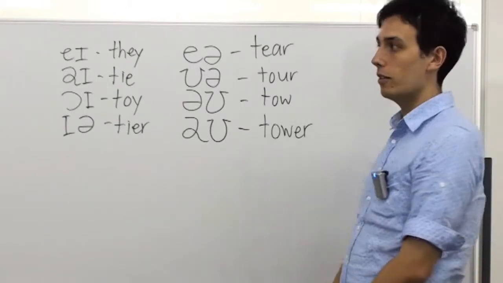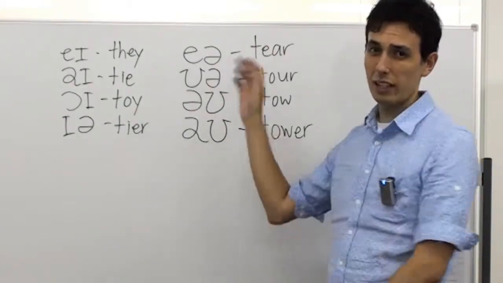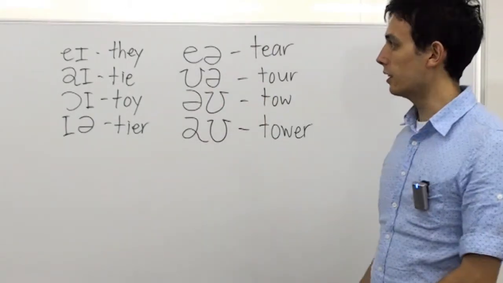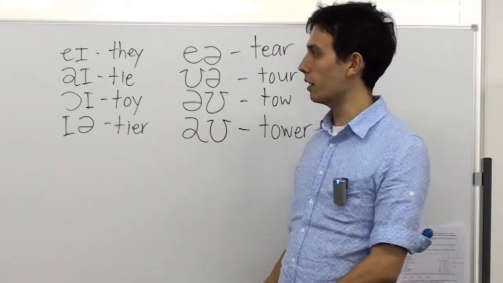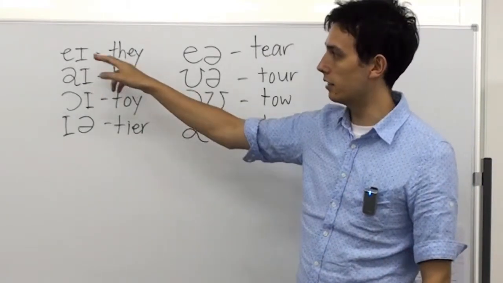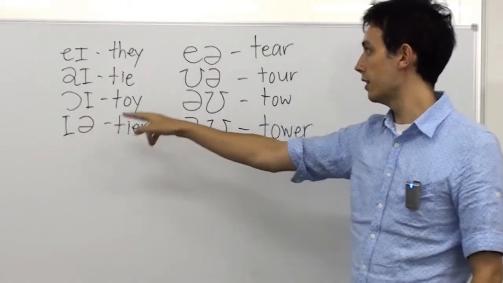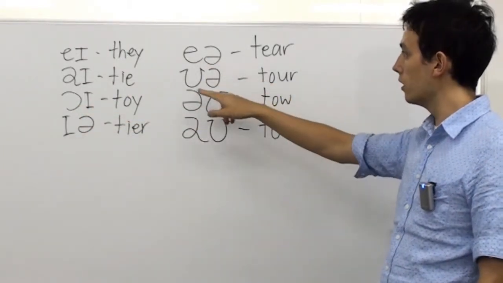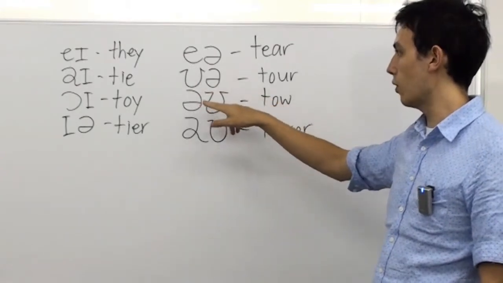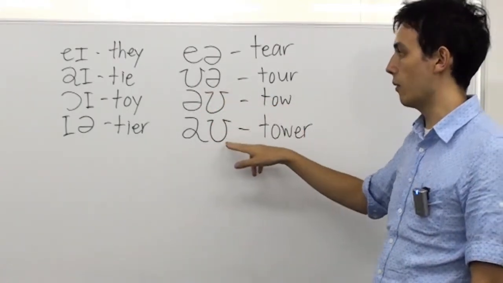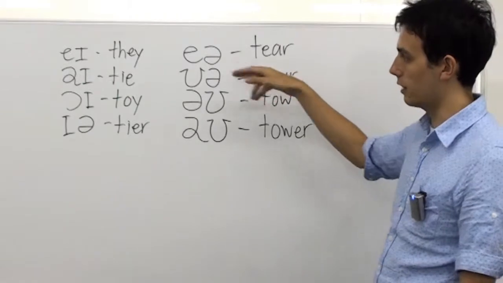Just before we move on, this writing's pretty crazy, but anyway, let's have a look at these diphthongs just quickly. We have ay, eye, oy, ear, air, oh, ow. Okay, and some examples here.